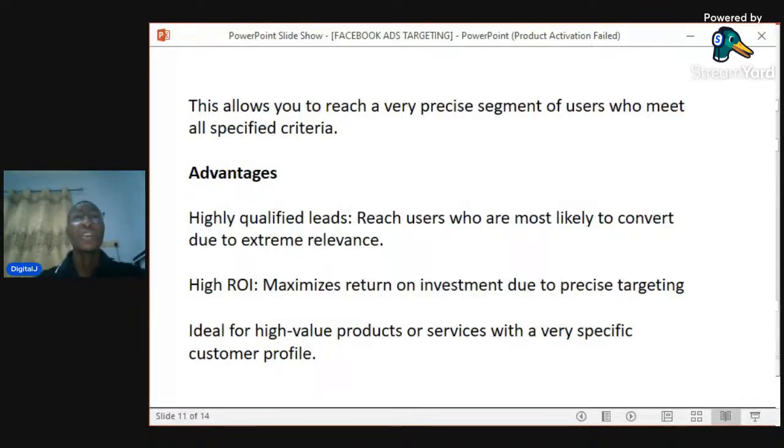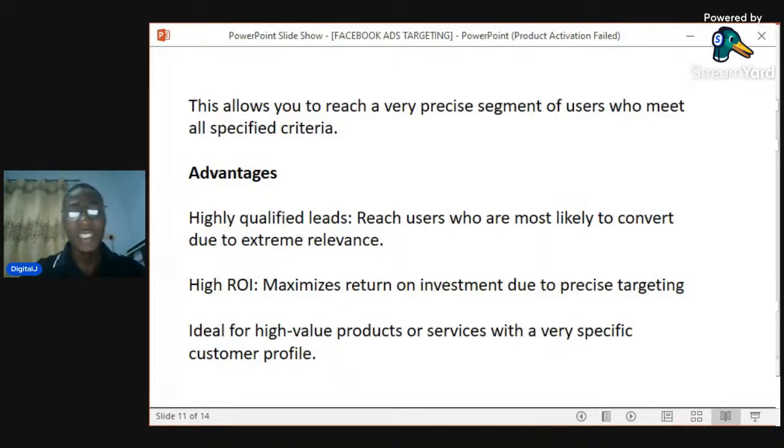Because you don't just want people that are interested in what you're selling. You want people that are interested in what you're selling and also have the buying capacity to buy what you're selling. Understand? So you will be reaching out to a very specific set of persons, a very specific set of audience. Understand? Now, advantages.